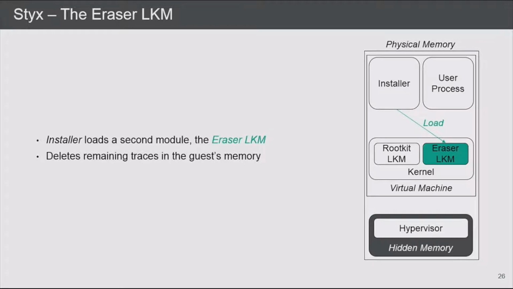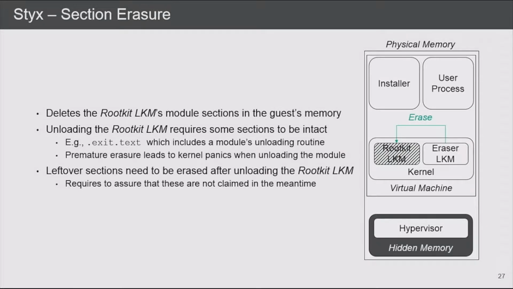After the virtualization, we load our second module, which is the Eraser LKM. Like I said, its purpose is mainly to delete remaining traces from the guest, which basically constitutes the Rootkit LKM's code and data sections.